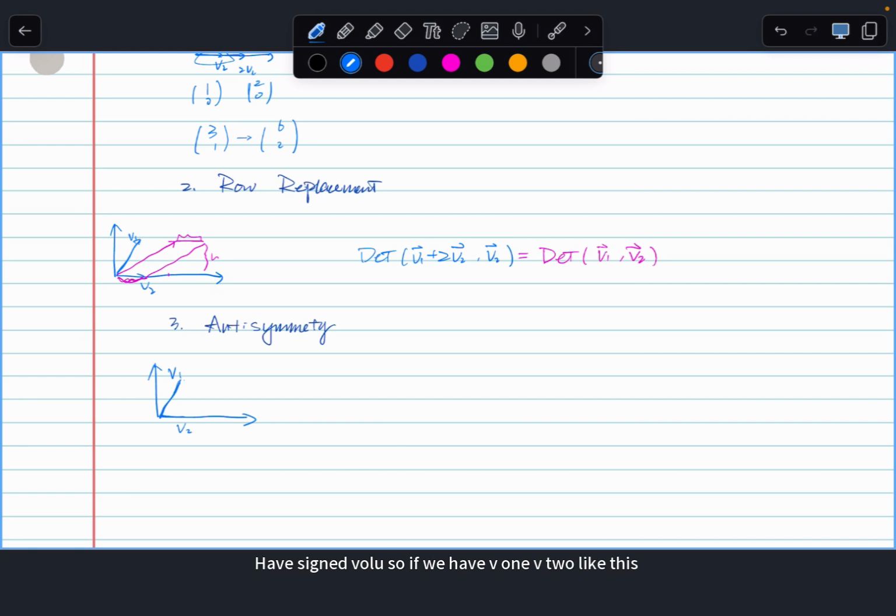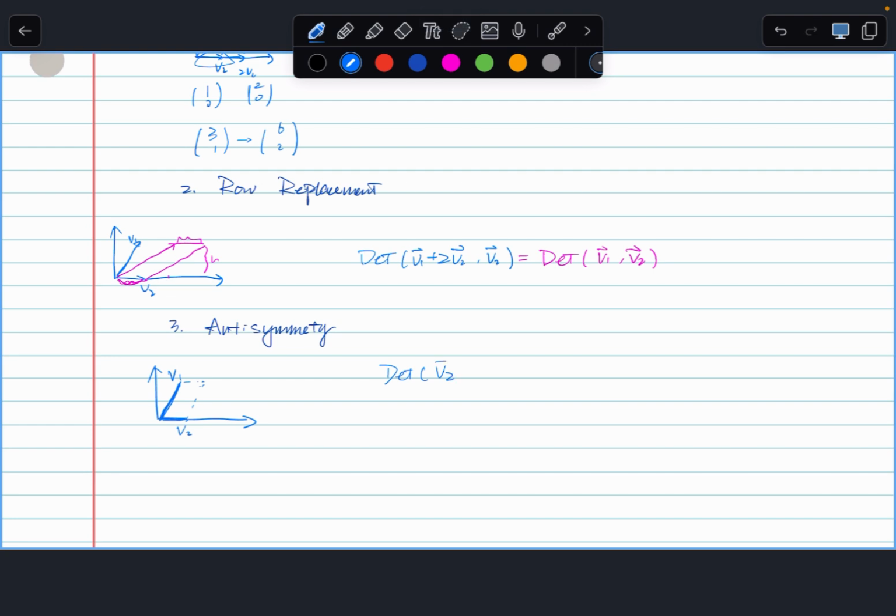So if we have v1, v2 like this, and we say the volume is base times height like this, then the determinant of v2, v1 is actually the negative of the determinant of v1, v2. So we define volume with sign.